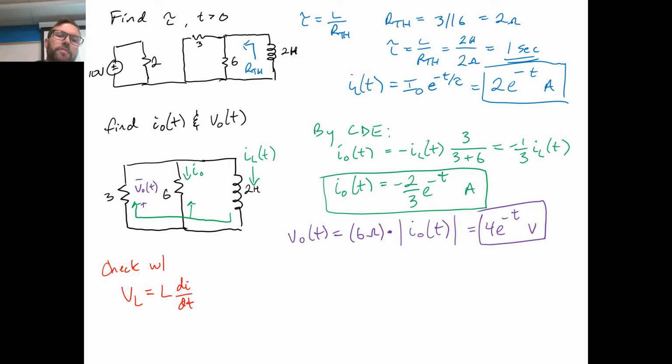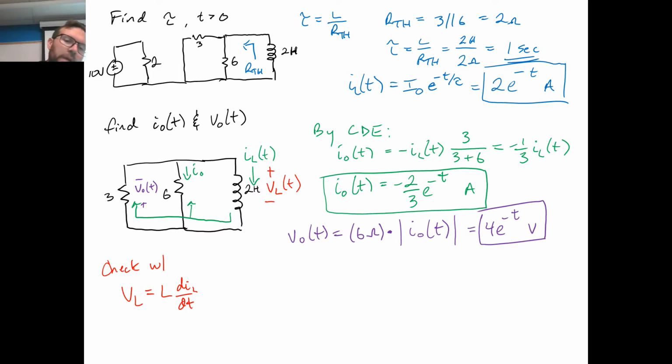This is the current through the inductor, V equals L dIL dt. The polarity of the voltage across the inductor is consistent with the direction of the current through the inductor, so the polarity is VL of t in that direction.